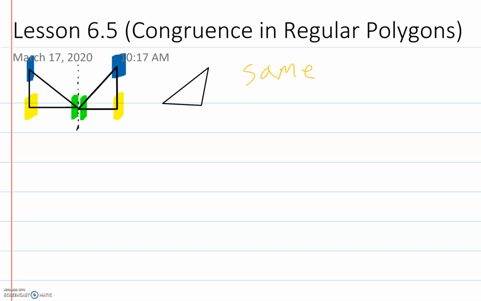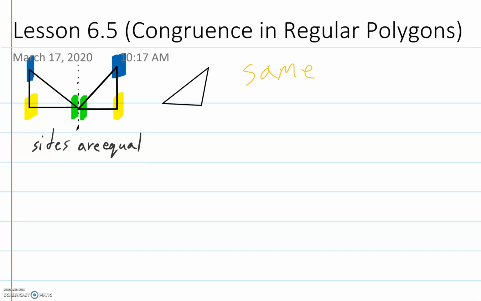The things to look for are that the sides are equal in both shapes. So like from green to blue is the same length as from green to blue on the other side, and from green to yellow is the same as green to yellow on the other side.